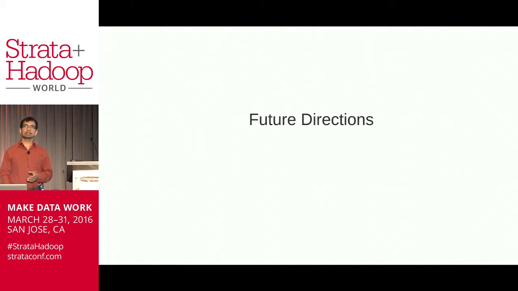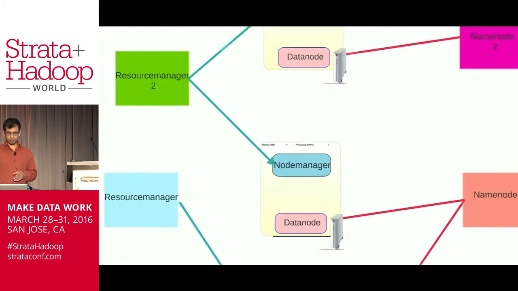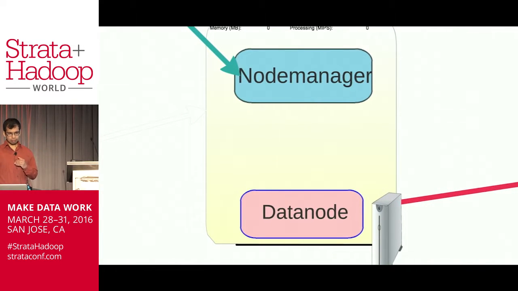So now I want to discuss some future directions that we want to take with containers. I mentioned that in Yarn, there's now a capability to launch Docker containers from Yarn.